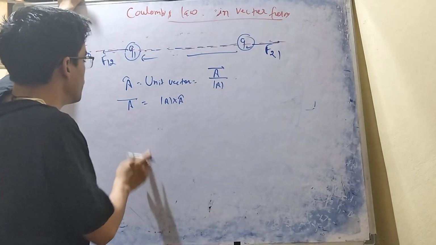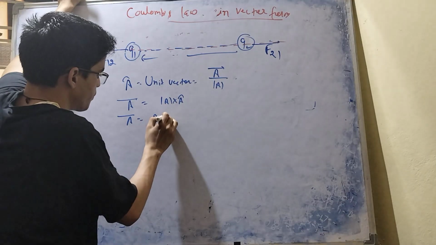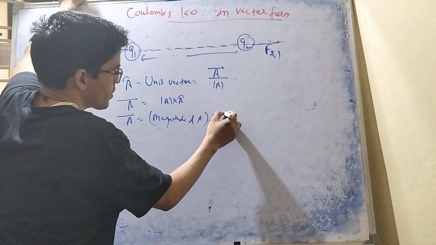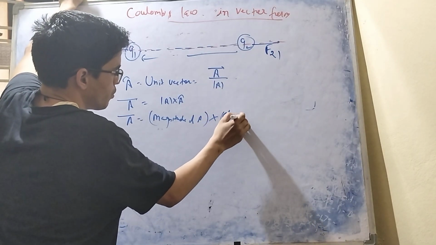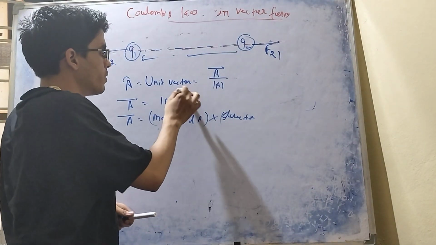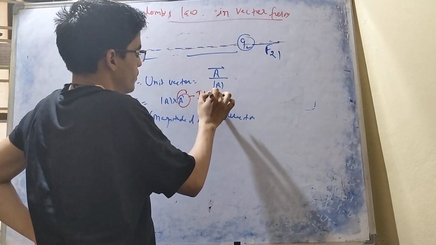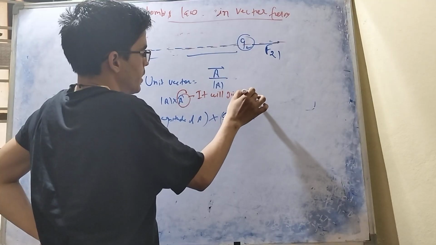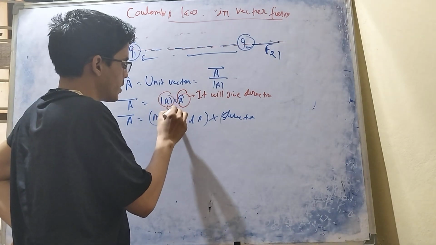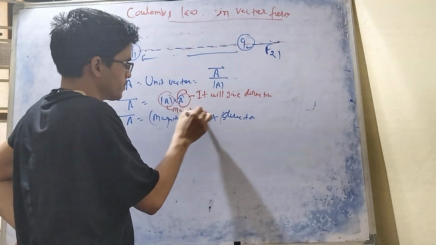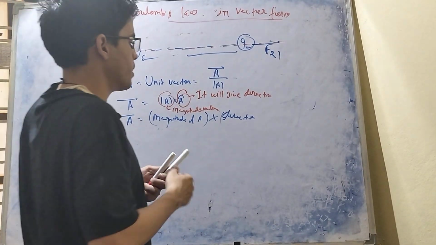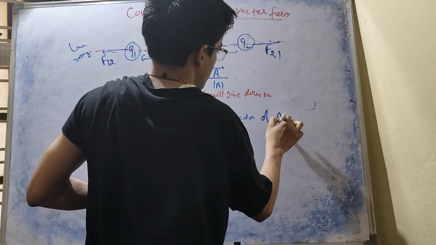So a vector equals magnitude of a into direction, because a cap always gives direction, and this is called the magnitude of a, and the direction of a given vector.